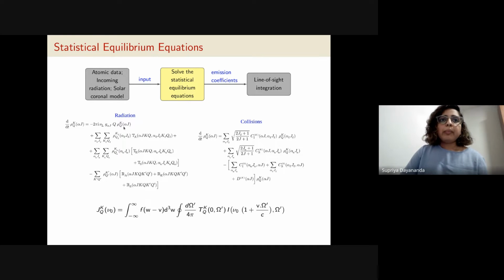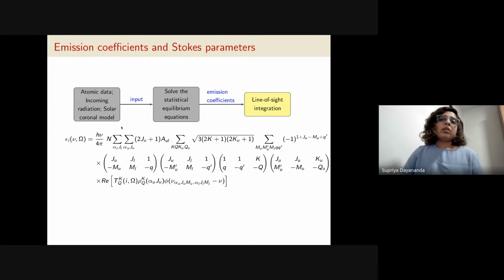So once you solve these statistical equilibrium equations and obtain your density matrix elements, you simply plug them in here in the emission coefficients, which tell you the emission for the particular Stokes I, Q, U, and V. Though this looks complicated, it is simply made of an absorption term and the atomic information of different magnetic substates.